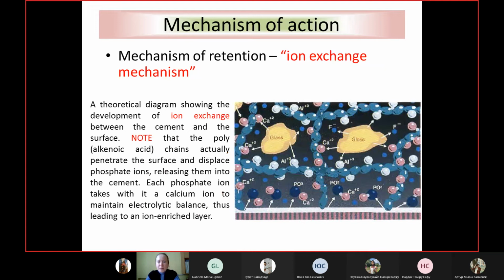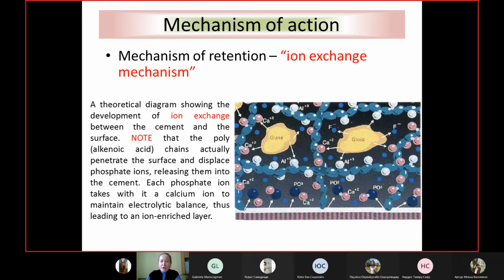Mechanism of action. The mechanism of retention is an ion exchange mechanism. It's necessary to remember this, and I am stressing this point for your attention.